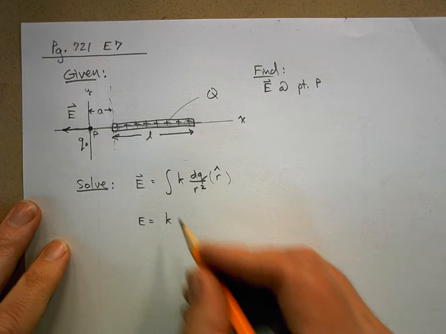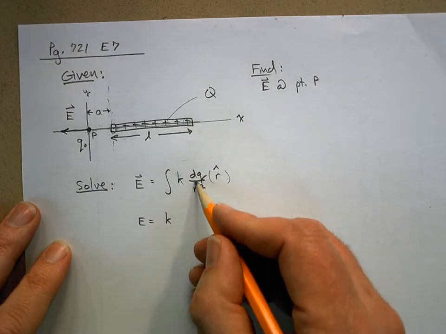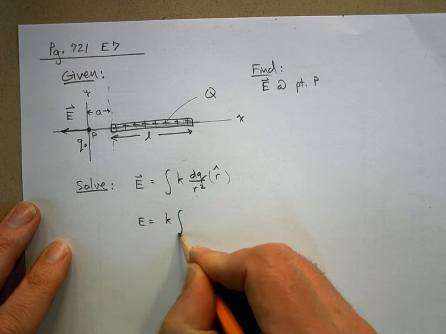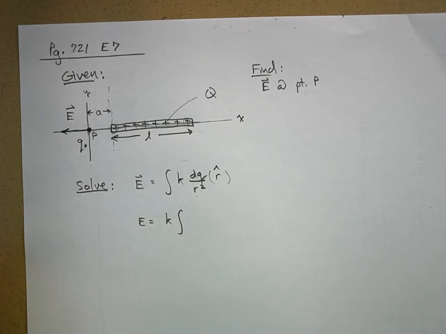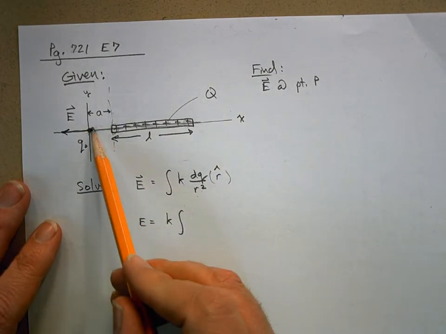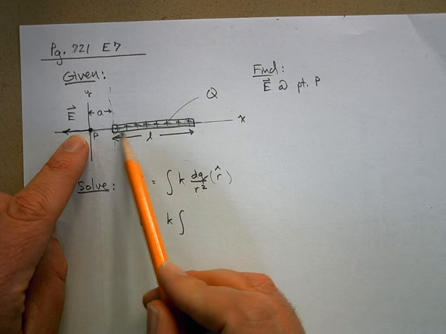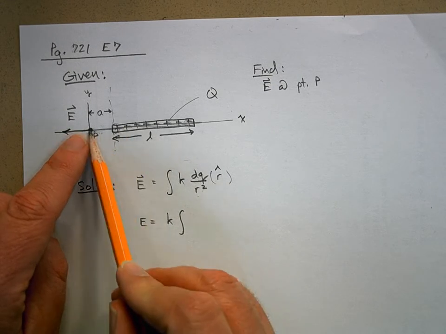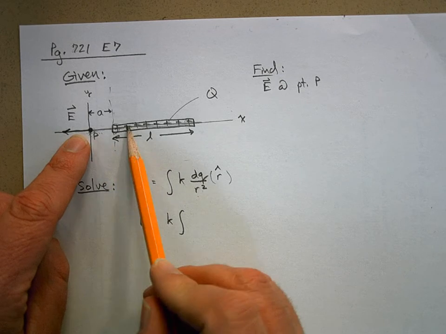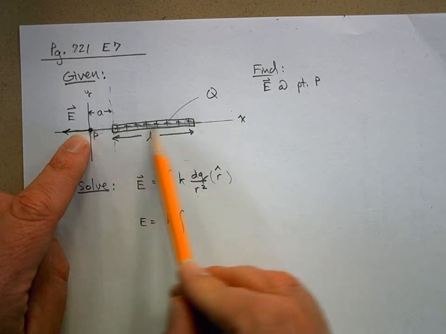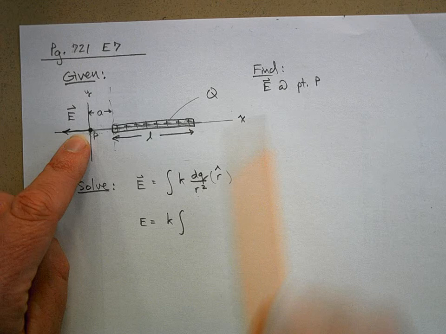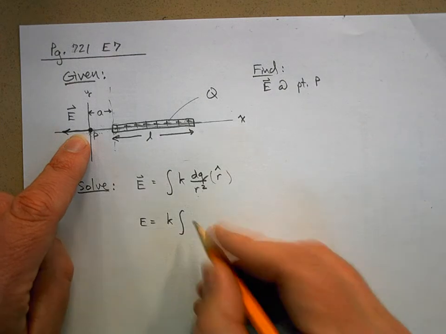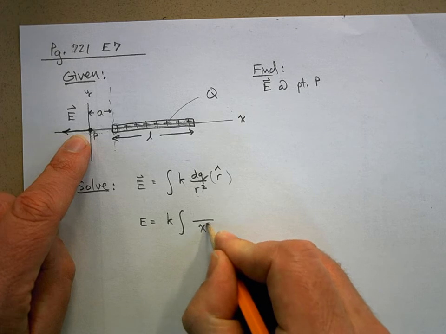And then what we need to do is get Q and R in terms of the same thing, or we won't be able to integrate. Now R, our distance from the origin, which is where our point is, to the location of the charge in space, is all along the x-axis. So we're just going to make it x. So this is going to be over x squared.